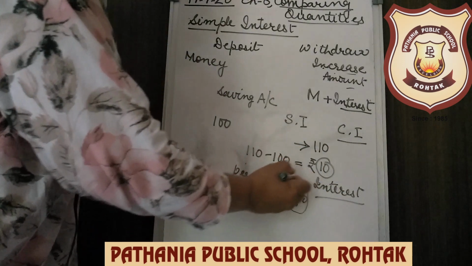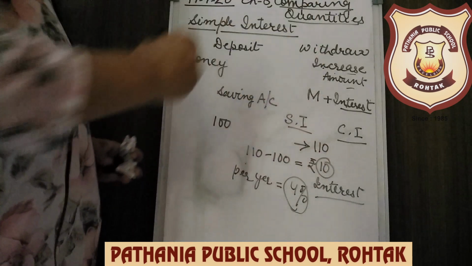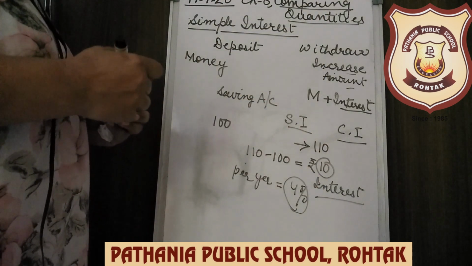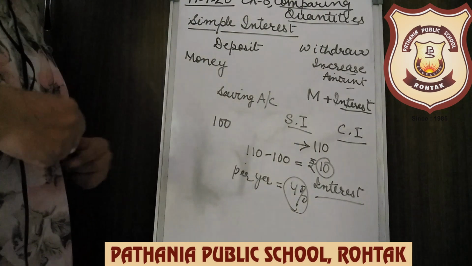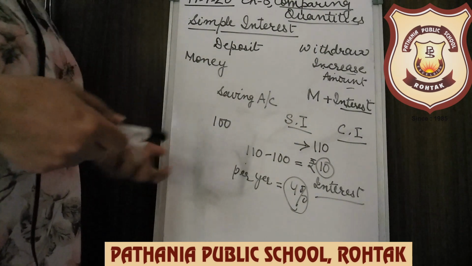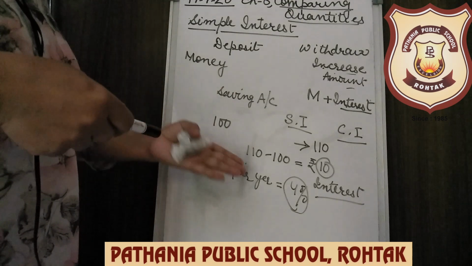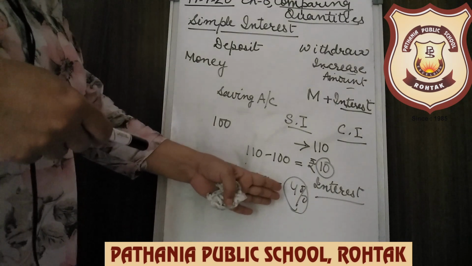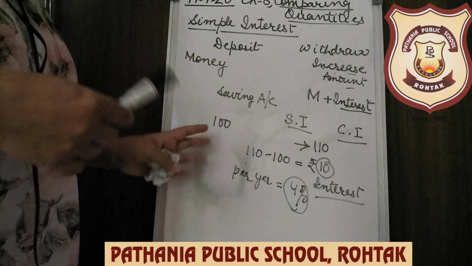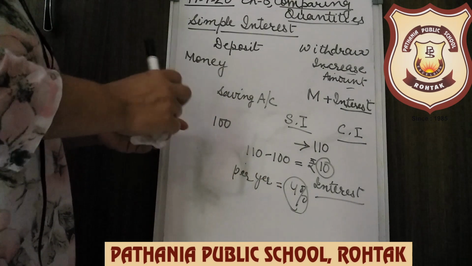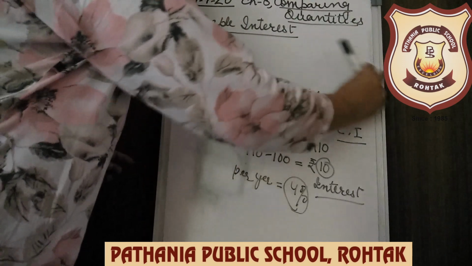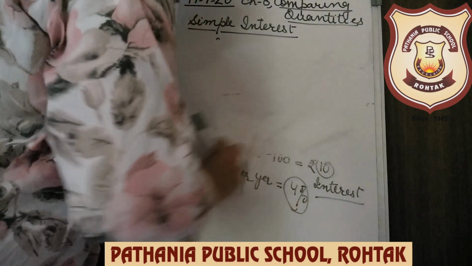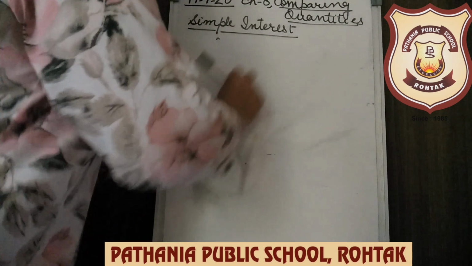But generally on the saving account, when you are getting the simple interest, it is 4%. But in the questions you will get different values for the interest. I will tell you how to find the simple interest, how you are going to calculate the simple interest.